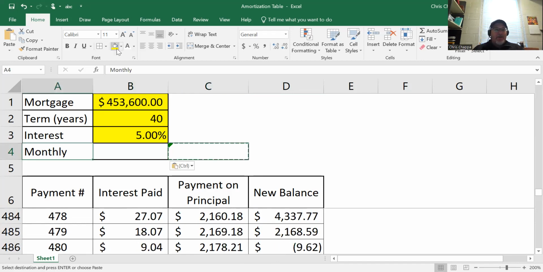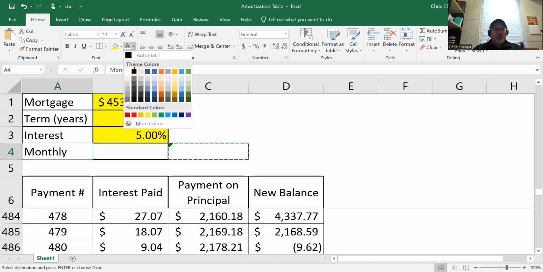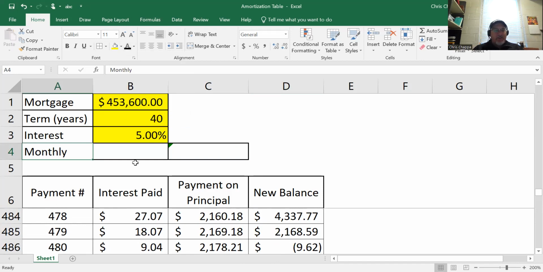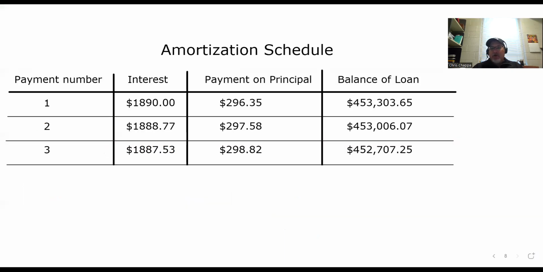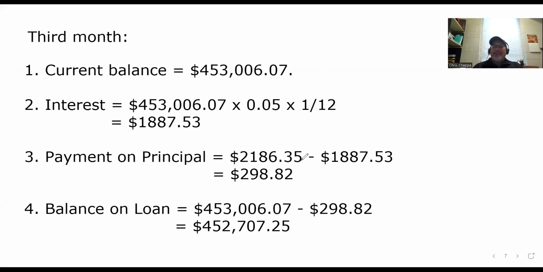If you were to calculate the monthly payment using the actual formula, why is it not showing? The monthly payment using the monthly payment formula was actually $2,187.25. The one that they gave us in the problem, for some reason I can't figure out, was $2,186.35.